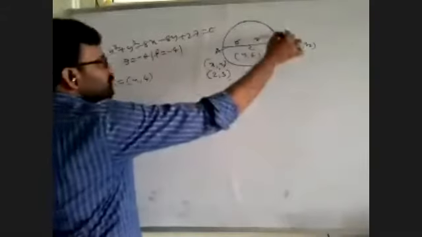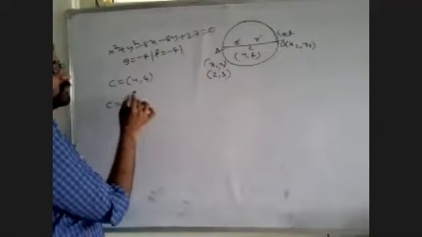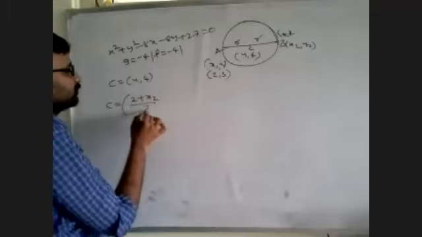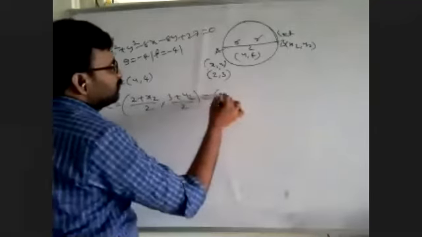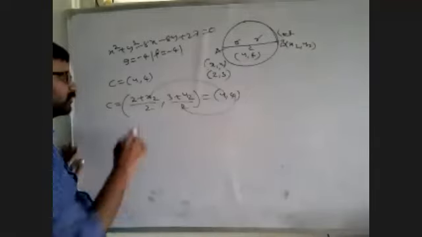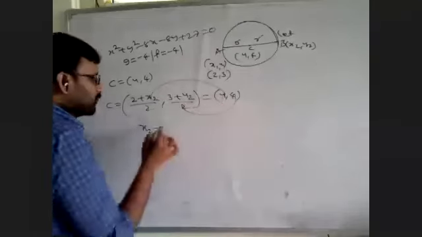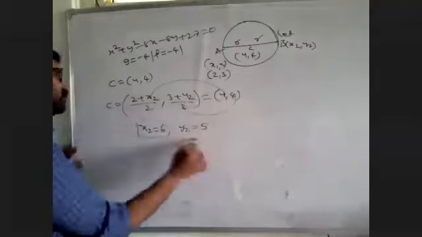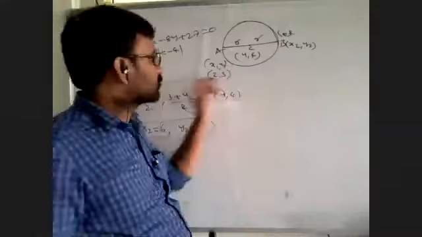Now, C is equal to x1 plus x2 by 2, that is 2 plus x2 by 2, comma 3 plus y2 by 2, which is equal to the center, 4 comma 4. Then by equating the x and y coordinates you can find x2 and y2. x2 is equal to 2 times 4, which is 8, minus 2, that is 6. y2 is 2 times 4, which is 8, minus 3, that is 5. So 6 comma 5 is the other end of the diameter of this circle.